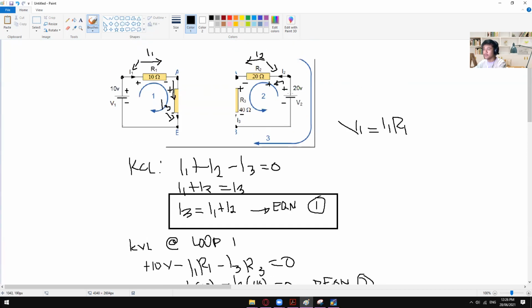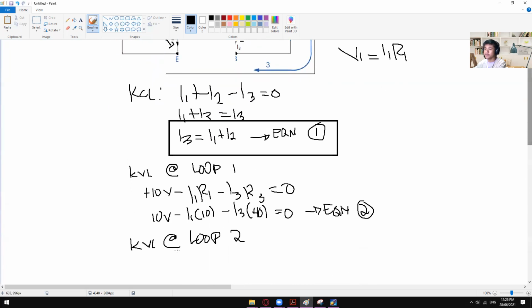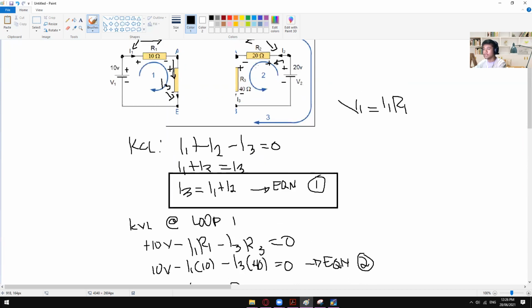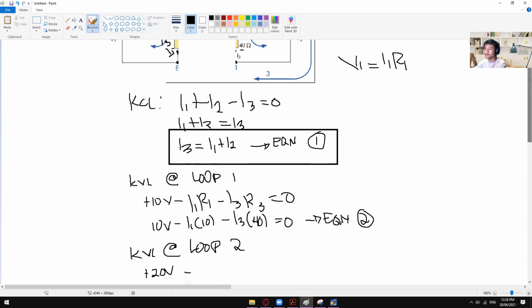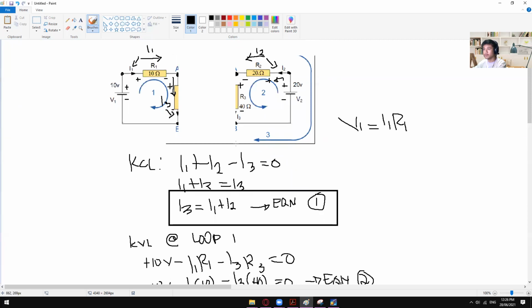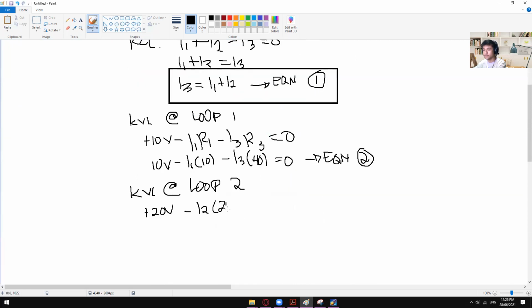Again, I always consider the leading sign. So we have here positive 20 volts. Then of course it's now minus since we have a voltage drop on the R2. This one will become I2 times R2, or we can already write the value of R2, which is 20 ohms.